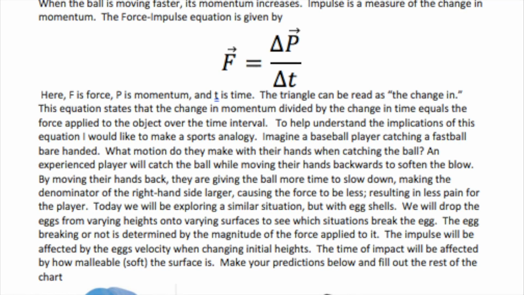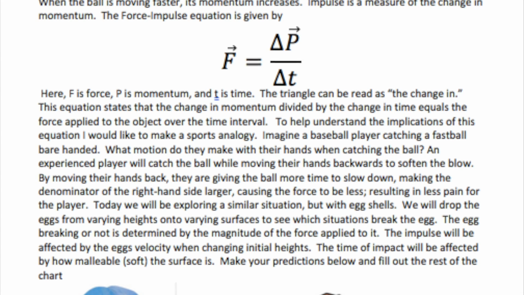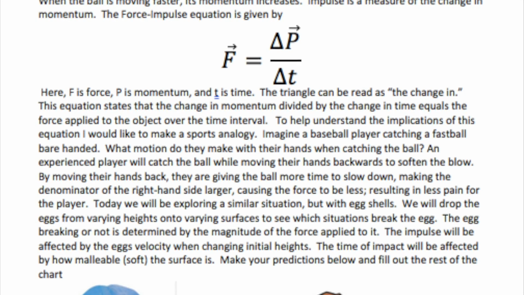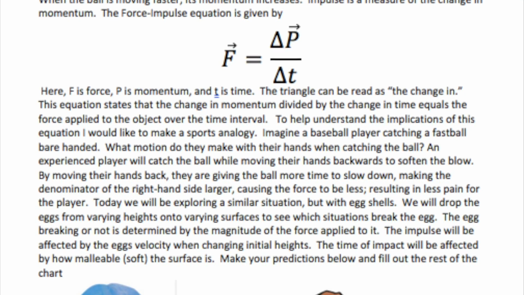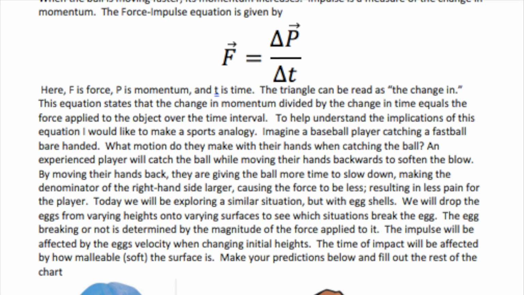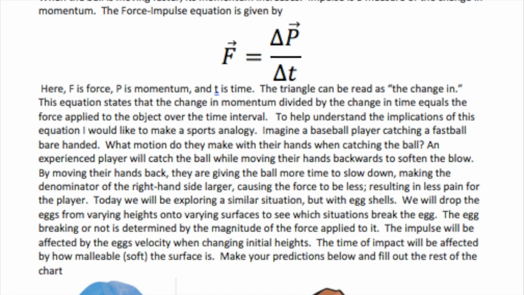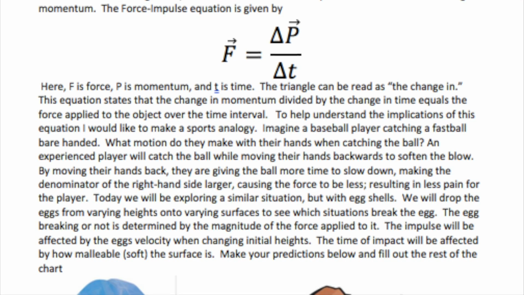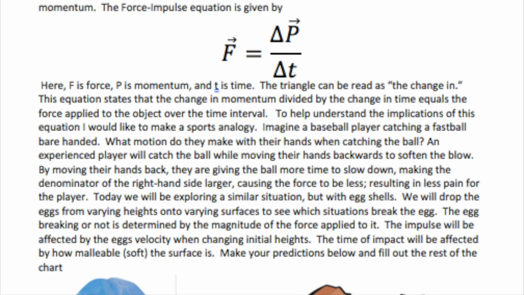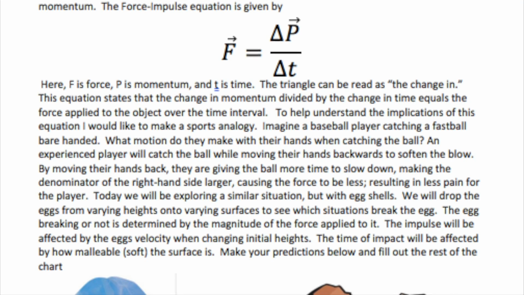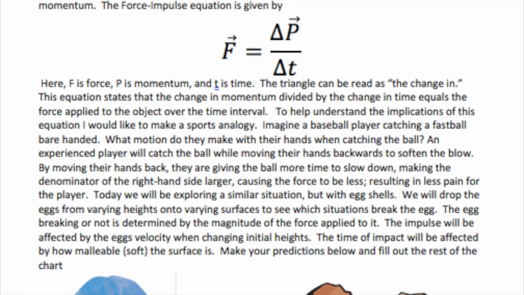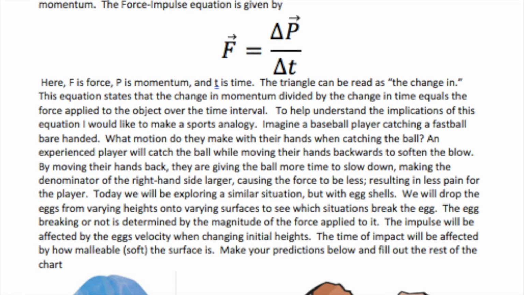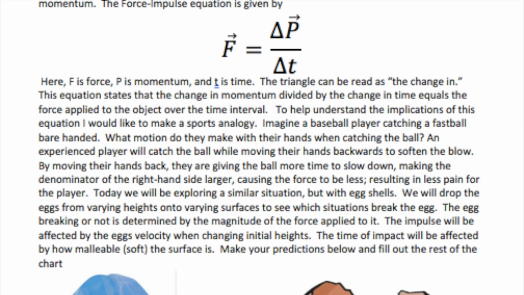The impulse will be affected by the egg's velocity when changing initial heights. So I'm going to drop it from knee height, belly button height, and then above my head. Use the approximations 2 feet, 4 feet, and 10 feet. So when I drop the egg from a greater initial height, when it gets to the floor, it's going to have a greater velocity.